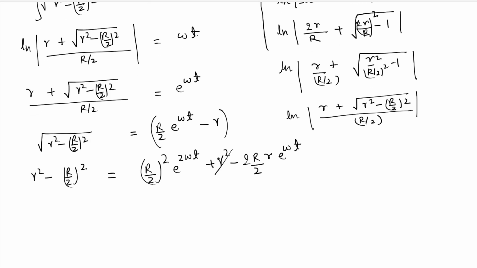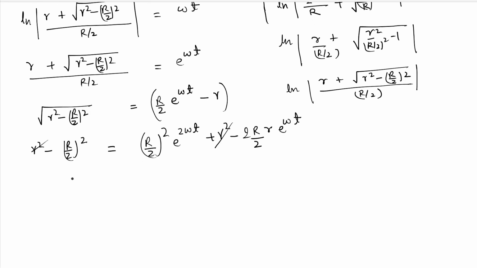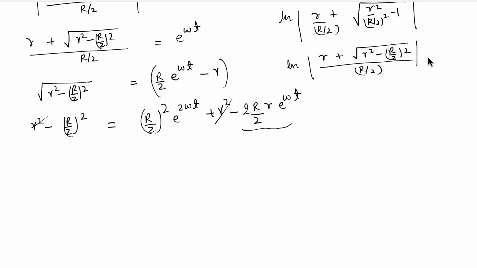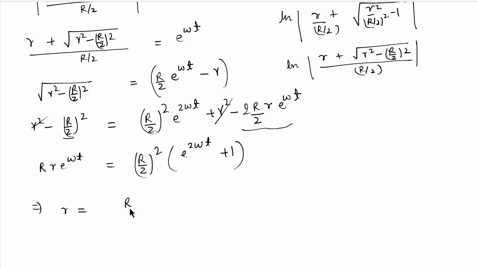Now this will simply cancel out. We take this one to this side, so it becomes r e to the omega t equal to r by 2 whole square times e to the 2 omega t plus 1. This will move to the other side. And therefore r is r by 4 times e to the omega t plus e to the minus omega t.